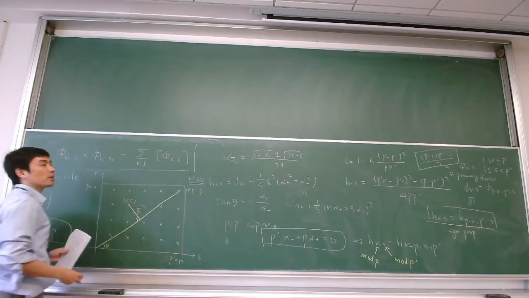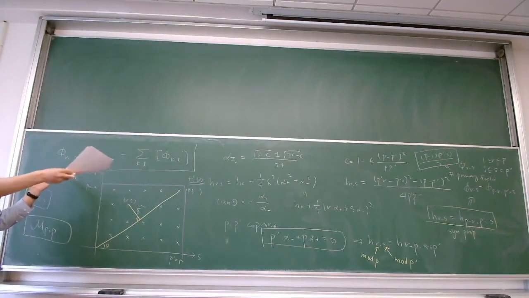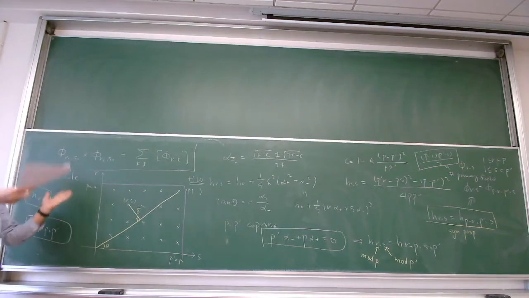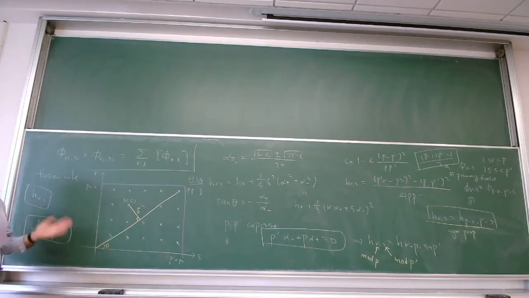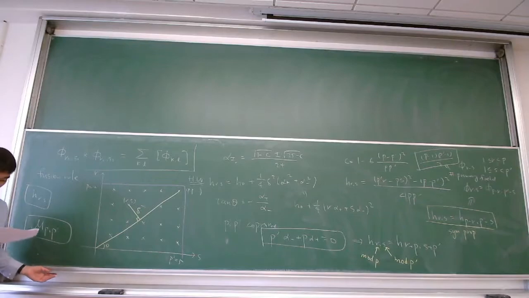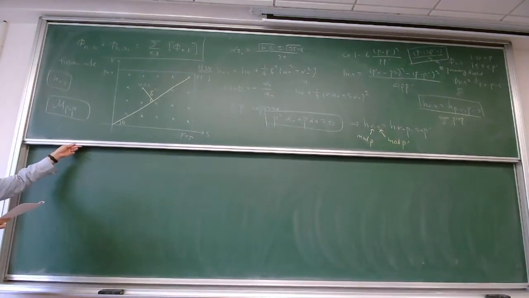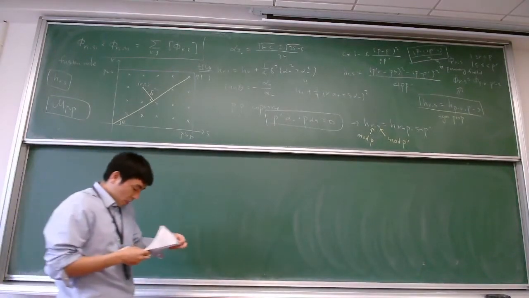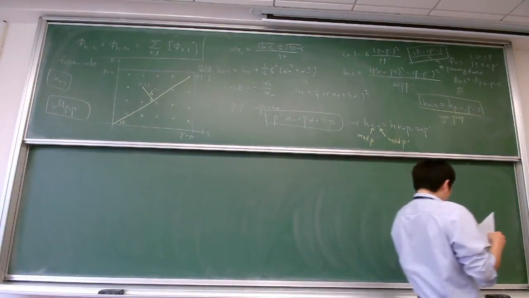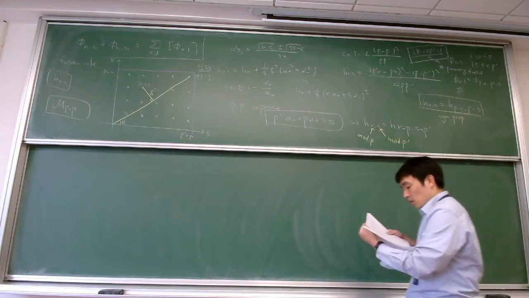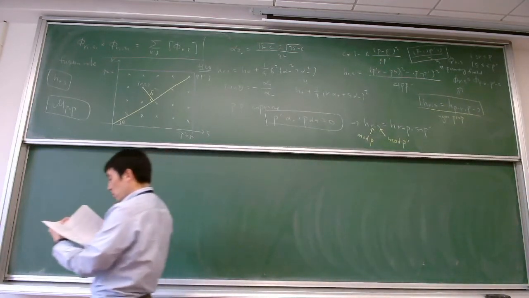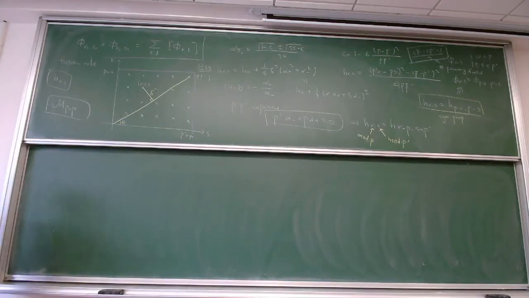So the OPE algebra, or fusion algebra, sometimes called the Verlinde algebra, is closed in finitely many primary fields. Any questions so far?